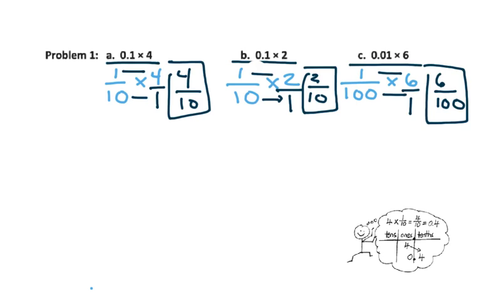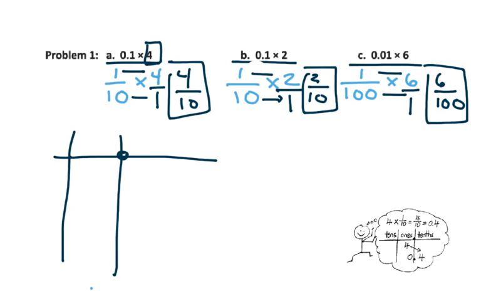Now, if I took my place value chart and I looked at 4 whole numbers, which is what I would have, and I multiply by 1/10, this means I'm going to move my decimal over one place.